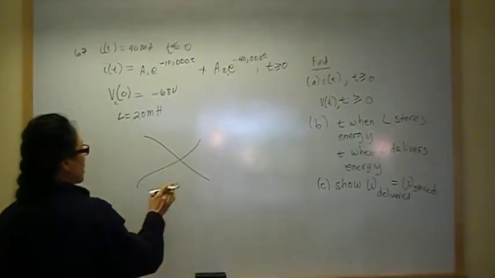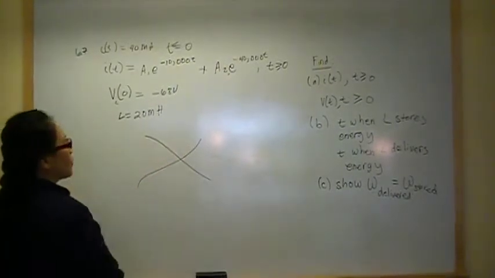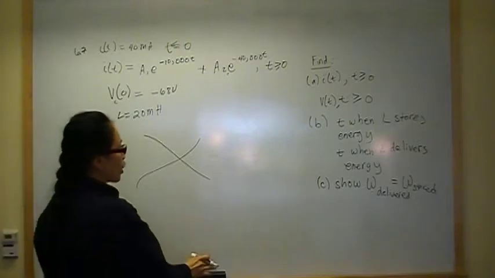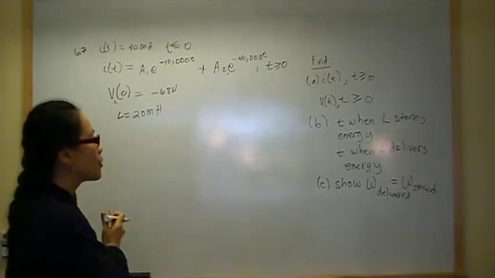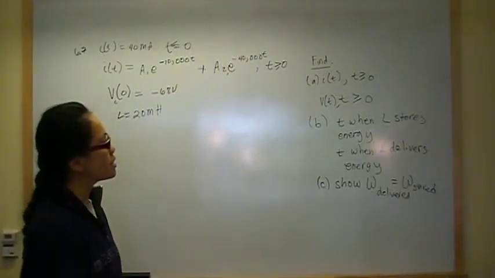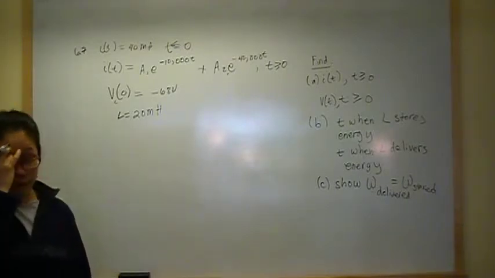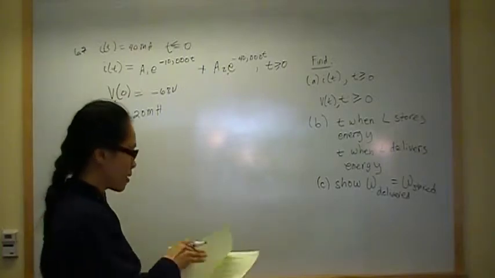So wherever the current is 0, to the left of that the current is positive. To the right of that, the current will be negative. And where the voltage function is 0, to the left the voltage is negative, and then to the right, where the function crosses 0, the voltage will be positive.